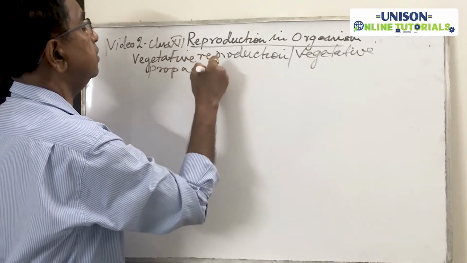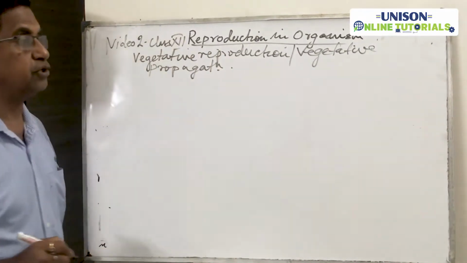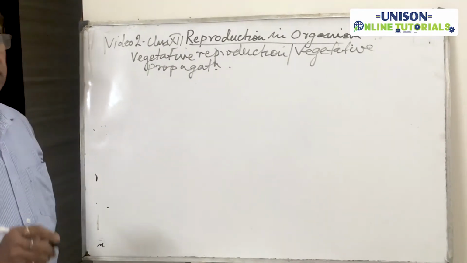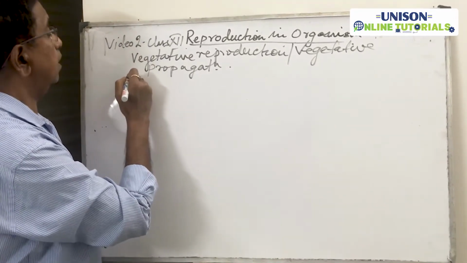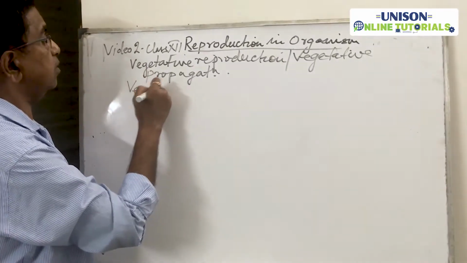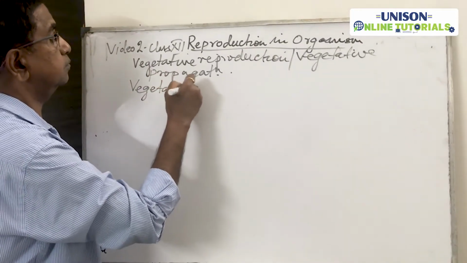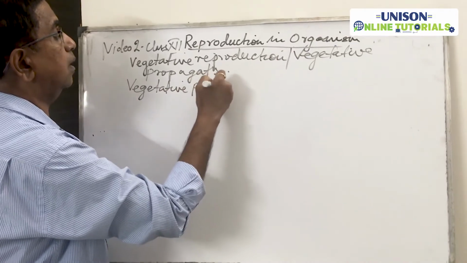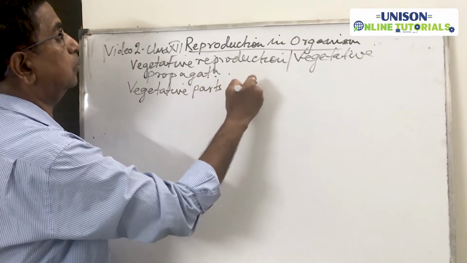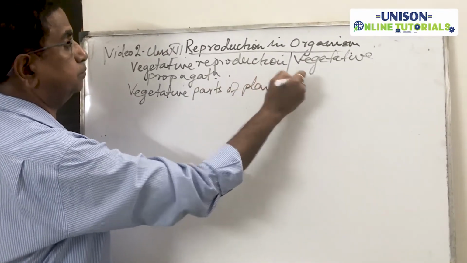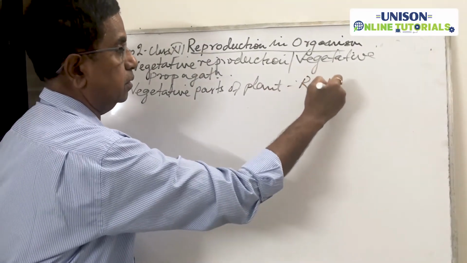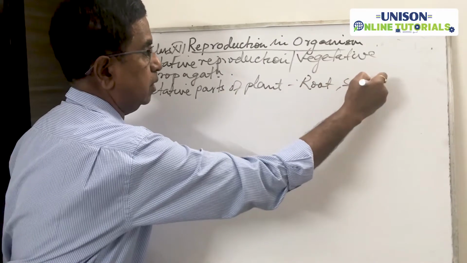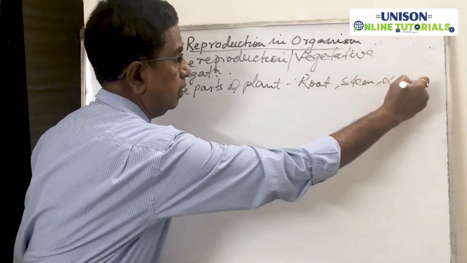Now, what is vegetative reproduction? You see, the vegetative parts of the plant body are root, stem and leaf.